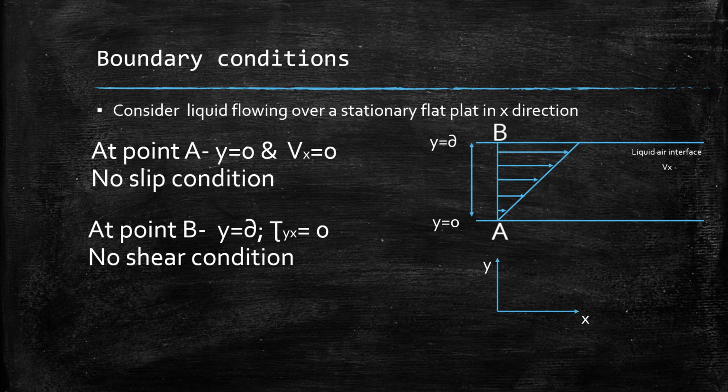However, this particular condition may not be true for gas-gas transfer or gas flowing over a particular plate. This particular thing may not be applicable. However, for the sake of simplicity, we are going to assume that at y is equal to delta, the momentum flux would become equal to 0. This is also called the no shear condition, right?